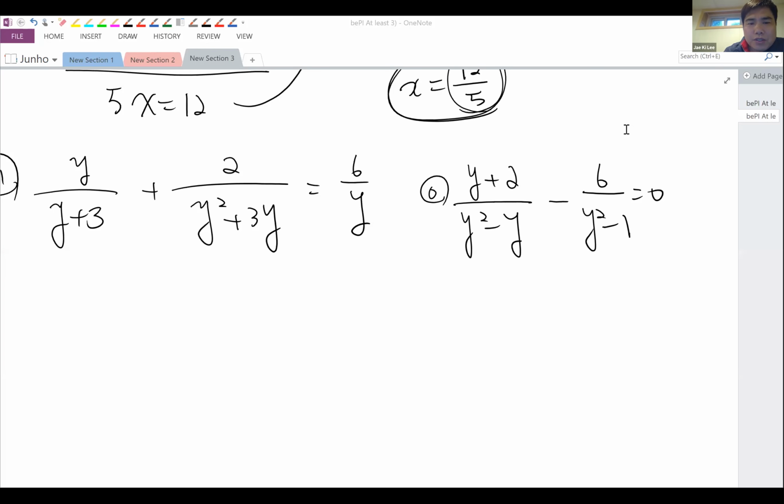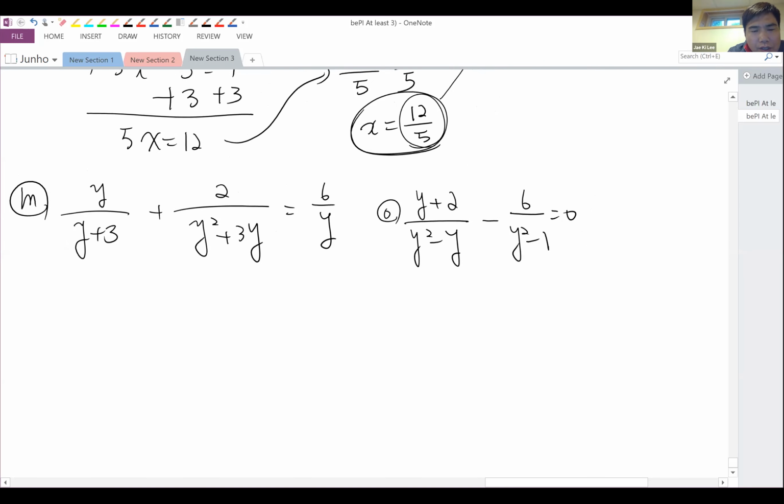So let's do the first problem. What is the LCD for the first question here? y times y plus 3. Yeah, so y and then parentheses y plus 3, right?